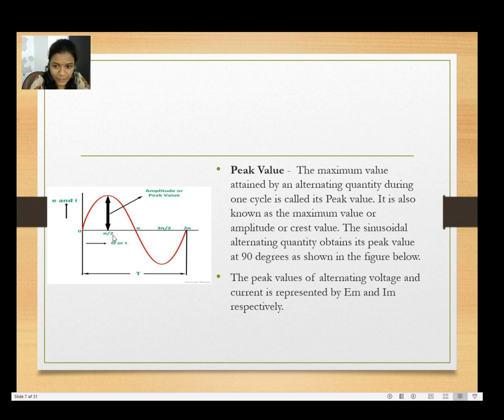So here at pi by 2, this is the maximum value attained by the signal. We call it the peak value, also known as maximum value or amplitude. The sinusoidal alternating quantity attains its peak value at 90 degrees, at 0 to pi by 2. The peak value of alternating voltage and current is represented by Em and Im.